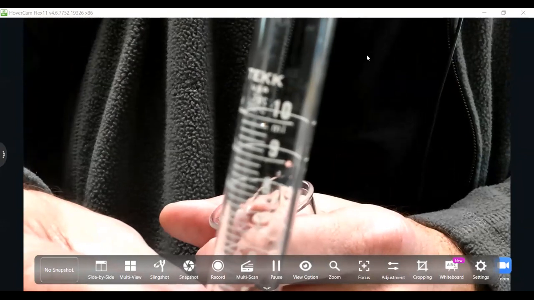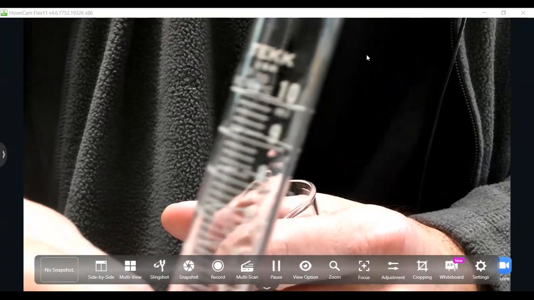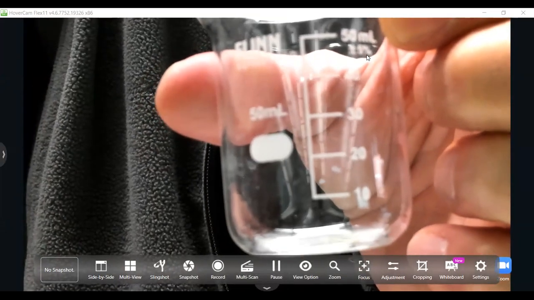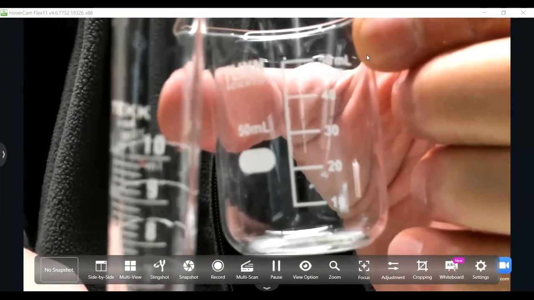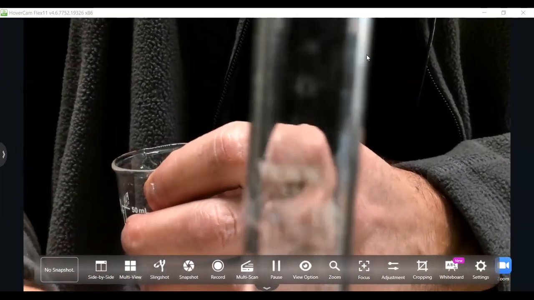This is a 10 milliliter graduated cylinder. We can see the 10 right there. If I want to measure out 10 milliliters with this versus 10 milliliters with this beaker, which one's going to be more precise? Which one's going to give me more digits? This is, right? This is going to give me more digits.